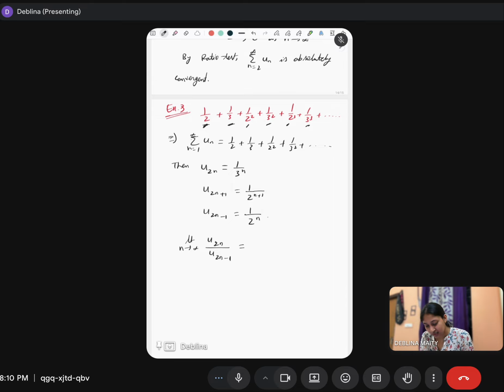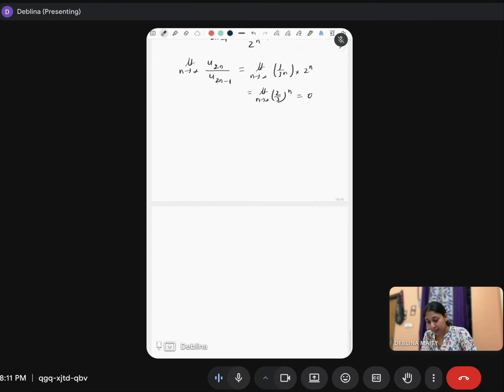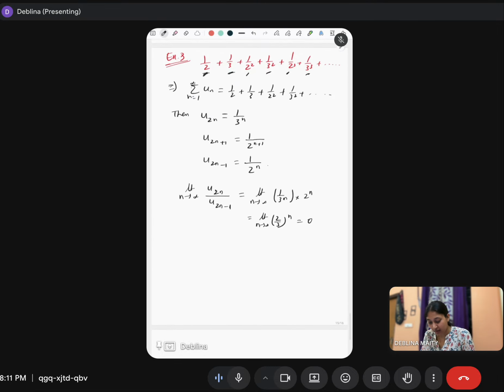So it is limit n tends to infinity, u2n is 1 by 3 to the power n, and u2n minus 1 is 1 by 2 to the power n. So it is limit of (2 by 3) to the power n, and since 2 by 3 is less than 1, it is actually 0.